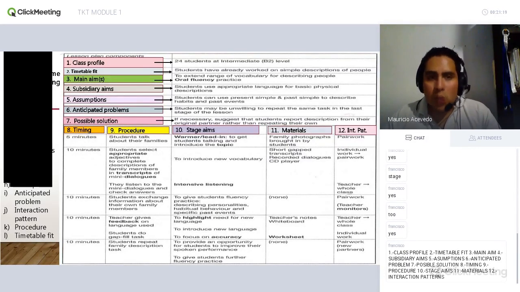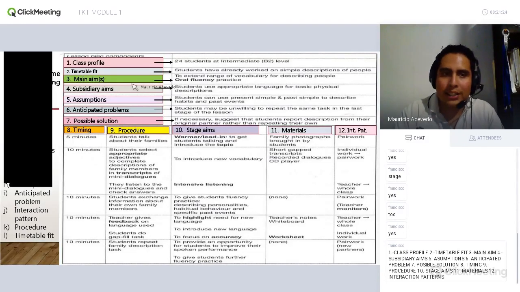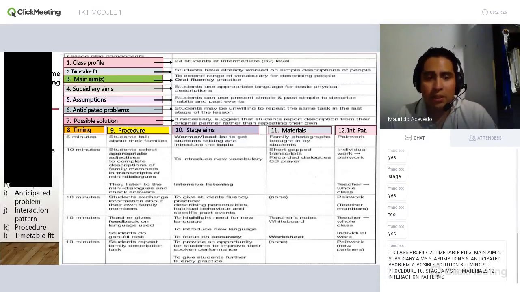Okay. So before we start with the sample test, Francisco, do you have a question about these elements from lesson planning? Do you have a doubt? Do you have a comment, an example of something about this topic?